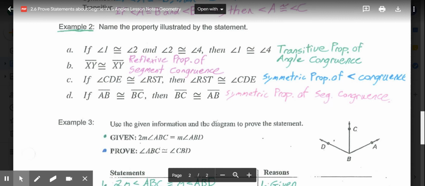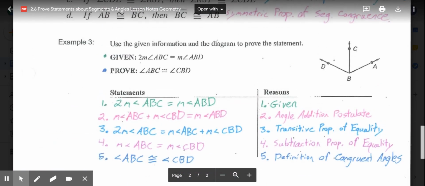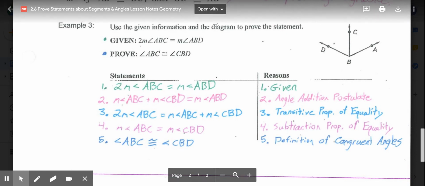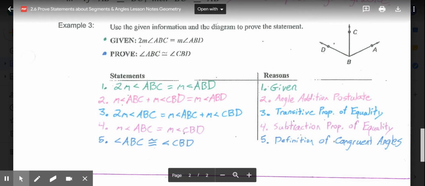And then in D, if segment AB is congruent to segment BC, then segment BC is congruent to AB. That is the symmetric property of segment congruence. And then looking at our final example for our beginnings of proofs. Example 3 says use the given information in the diagram to prove this statement.